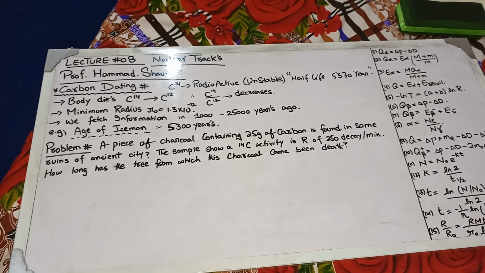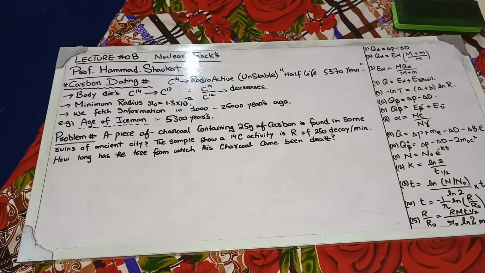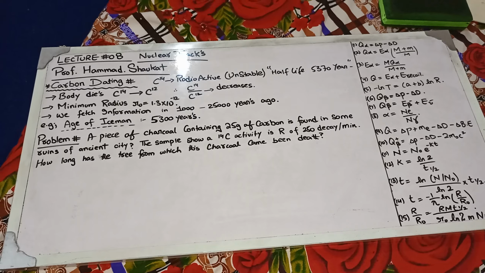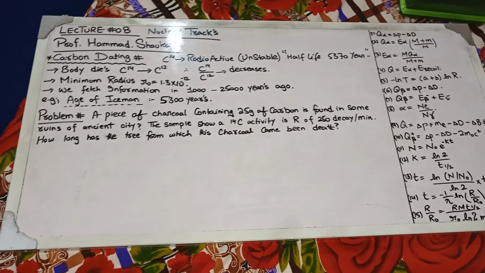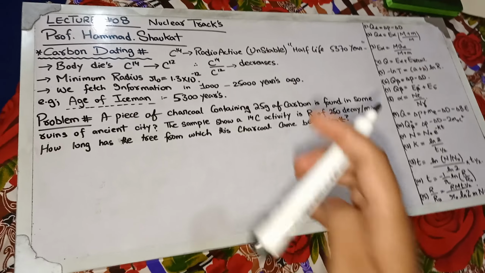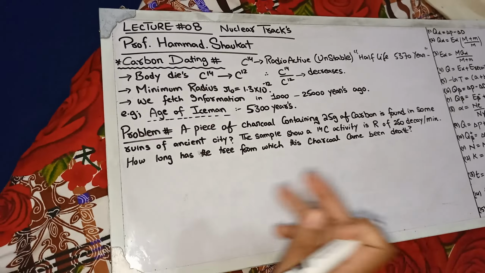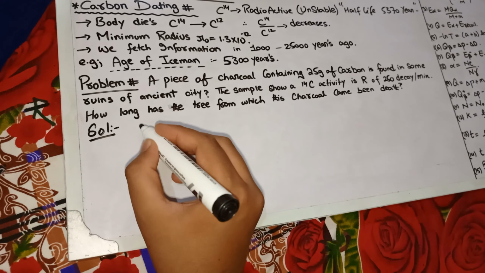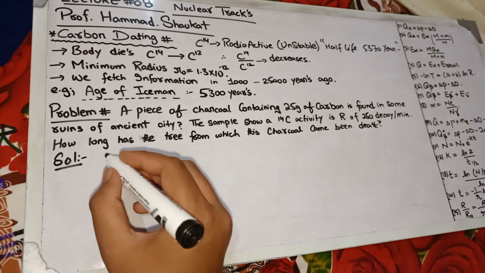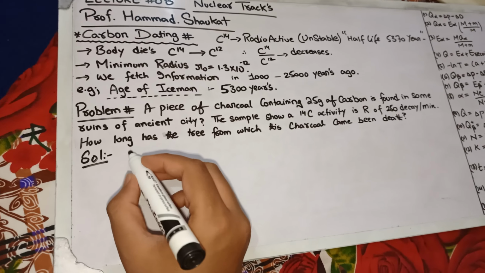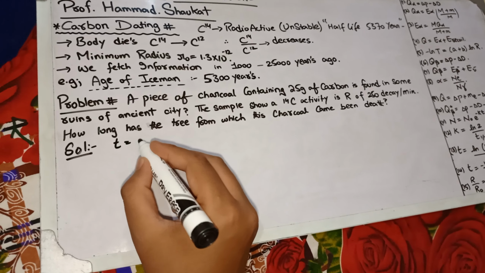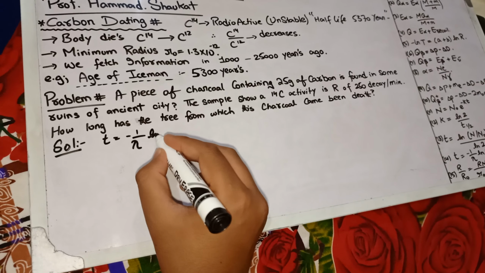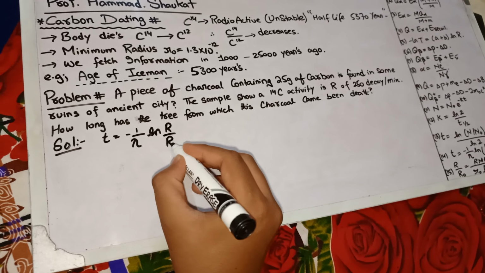Okay, so you have to find the time. How can you solve this problem? First of all, you need the formula to find the time period. The formula is t equals minus 1 by lambda, times ln of r divided by r naught.